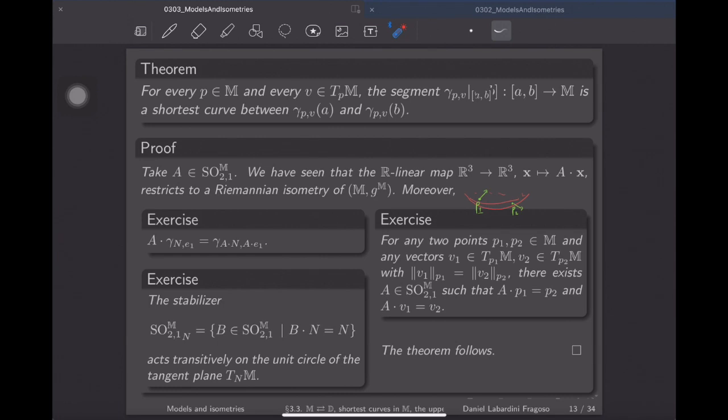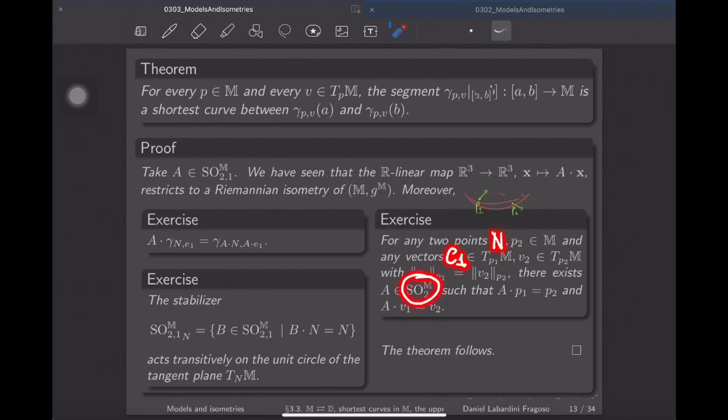because I can go from the pair n comma e1, which would be my point, one of these points, let's say n comma e1. From there, I can go to any other point p2, and with any unit tangent vector, right?